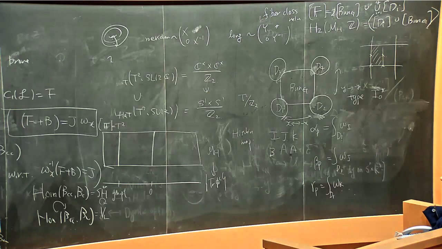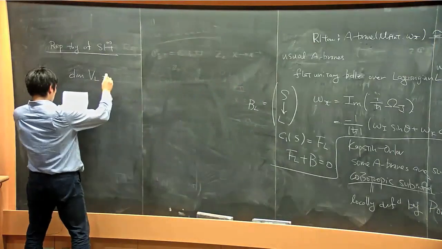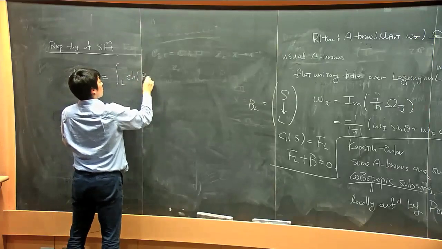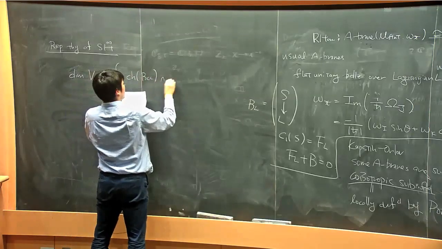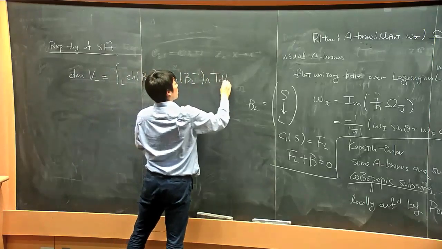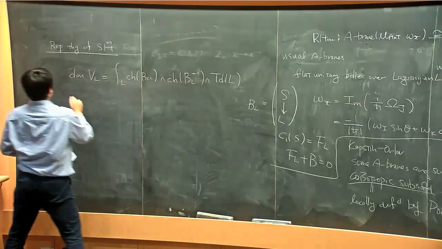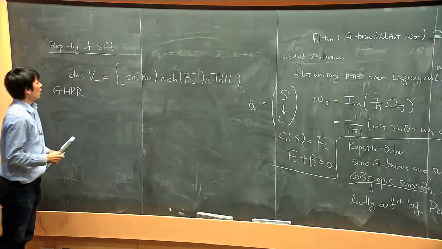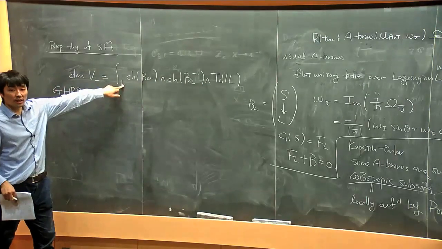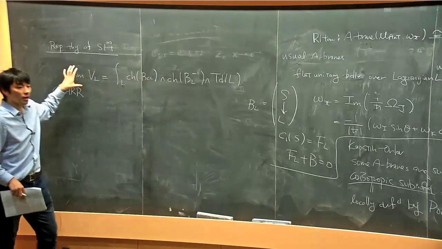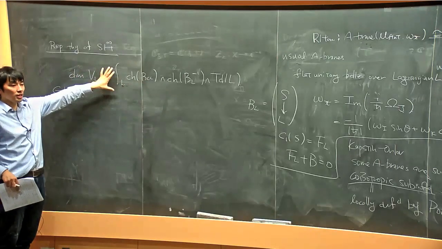The dimension of this representation will come from the Grothendieck-Hirzebruch-Riemann-Roch formula, with BCC and the Chern character of BL inverse, wedge the Todd class. So once you have compact Lagrangian support, this formula will give you a finite answer, a finite dimensional integral.